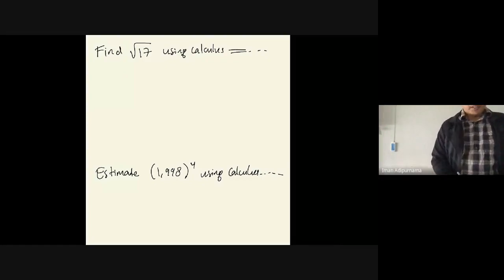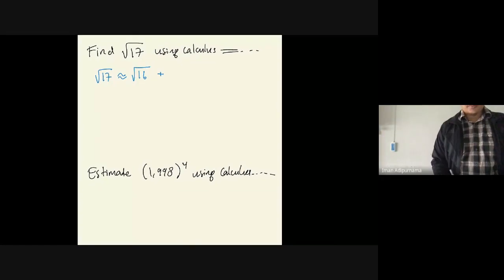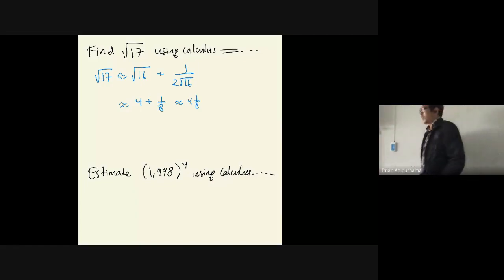To approximate the square root of 17, we approximate from 16, right? 17 and 16 differ by just 1. So it's 4 plus, and we can directly plug in.